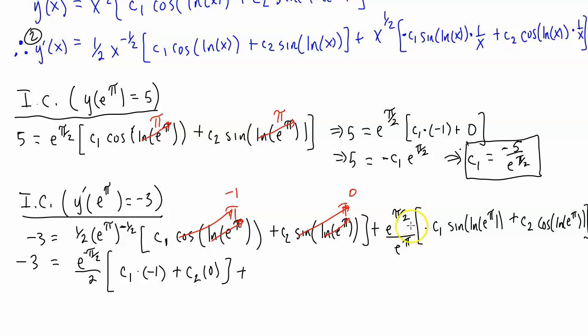And so now we have e raised to the pi divided by 2 divided by e raised to the pi. That's the same as e raised to the pi over 2 minus pi, which is e raised to the minus pi over 2. Minus C1. And if you remember from here, sine of natural log of e raised to the pi, all of that is 0.